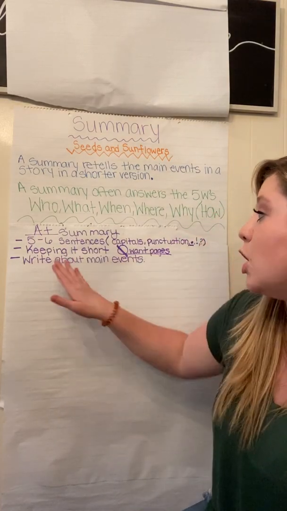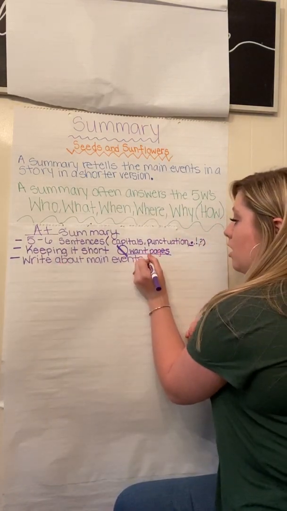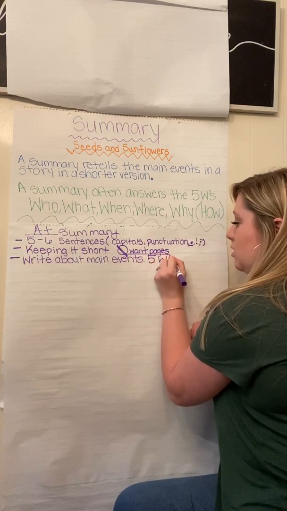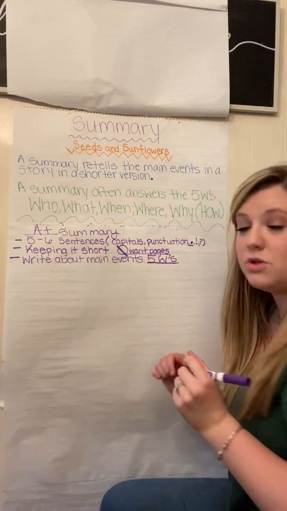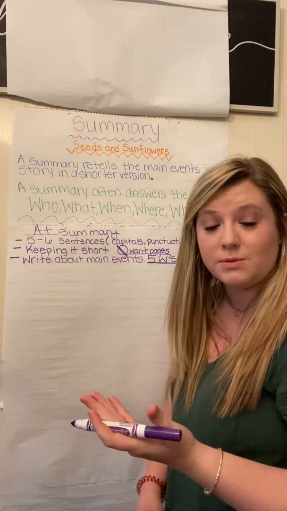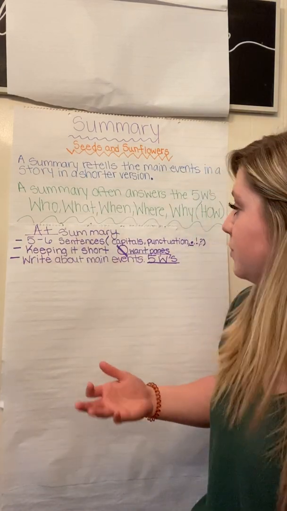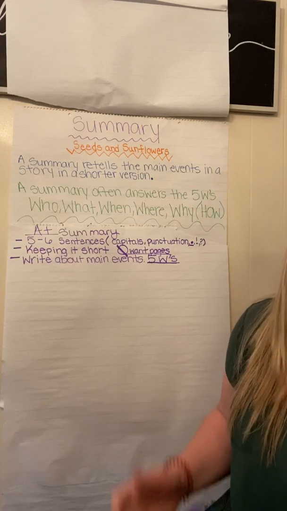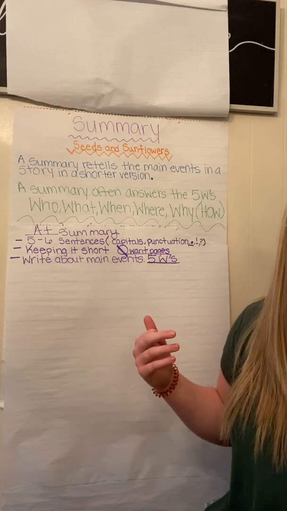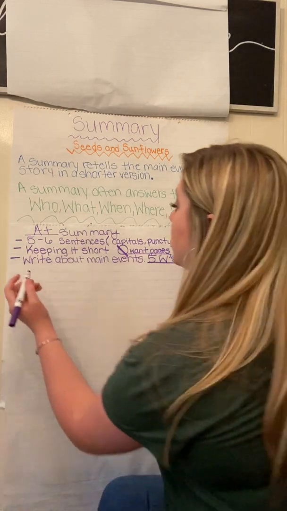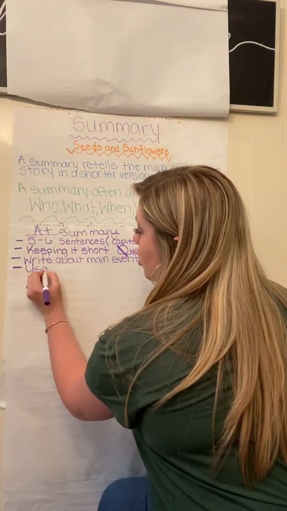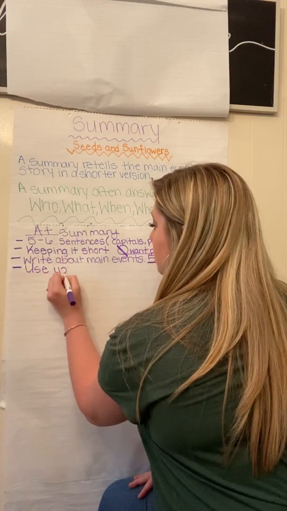And usually those main events are your 5 W's. Okay, if you answer those 5 W's, that kind of tells me the main events also. Okay, the next thing that you need to make sure that your summary is a good one is to use your vocab words from the text. Okay, so use your vocab words from the text.